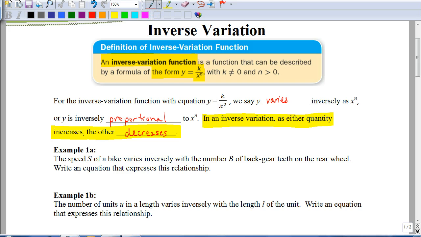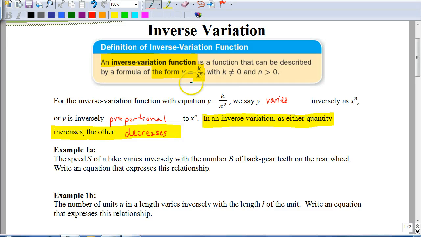Here it says the speed of a bike varies inversely with the number b of back gear teeth on the rear wheel. Write an equation that expresses this relationship. Remember yesterday when we talked about that phrase, and we said whenever we heard that phrase is directly proportional or varies directly, we said that means it equals k times something.